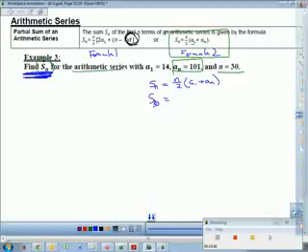The sum of the first 30 terms will be 30 over 2. What's the first term? 14. What's the last term in this one? 101. It really means that it's the 30th term, because don't they tell us that n is 30, and then you put the 30 in right there. The 30th term is 101. You with me on that?